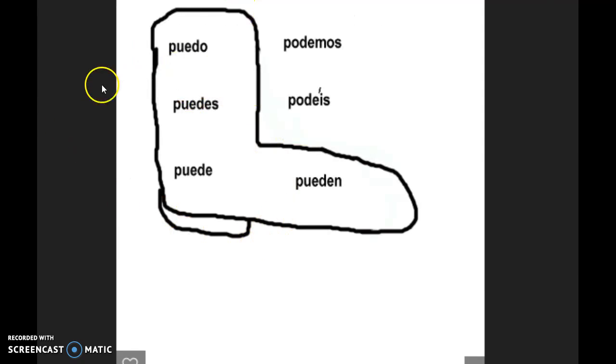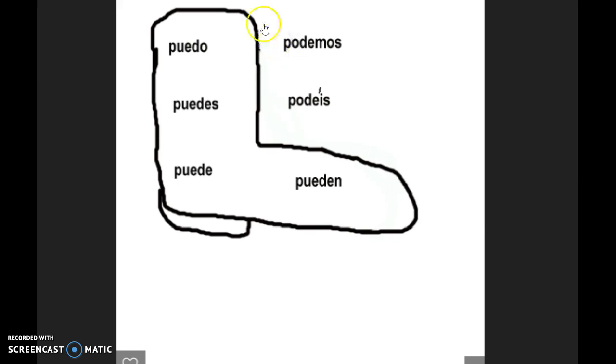Here's a separate example of what I mean by the boot. The boot means that the letters will change inside the boot. So if you visualize a boot over your conjugating chart, the letters will change in the stem inside the boot, but remain the same outside.